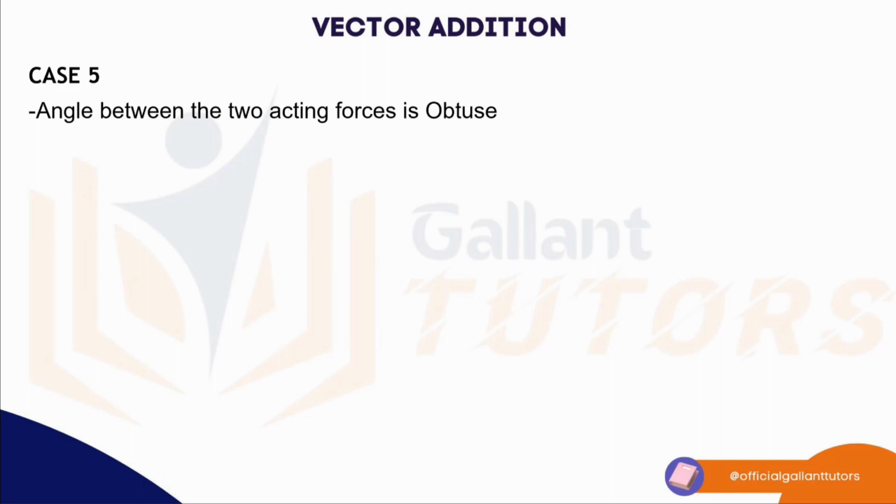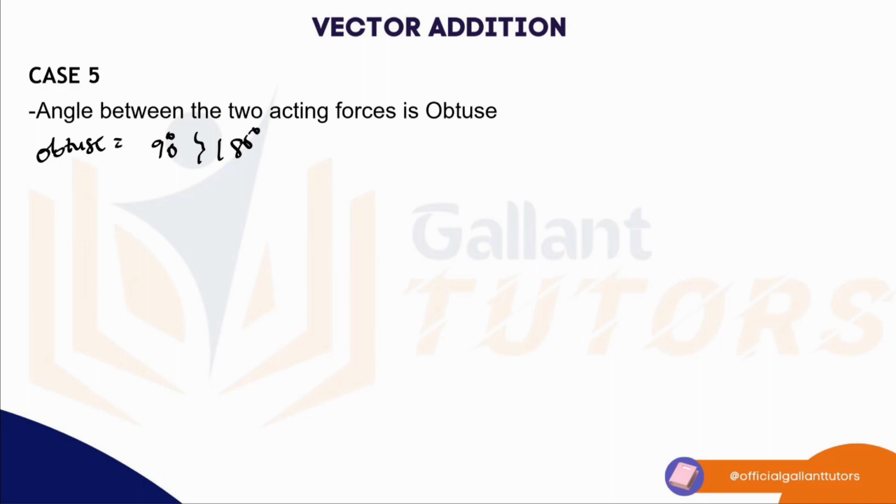So when the angle between two forces is obtuse, what are we going to do? First of all, what does obtuse mean? Obtuse simply means between 90 degrees and what? 180. Correct. Between 90 degrees and 180.